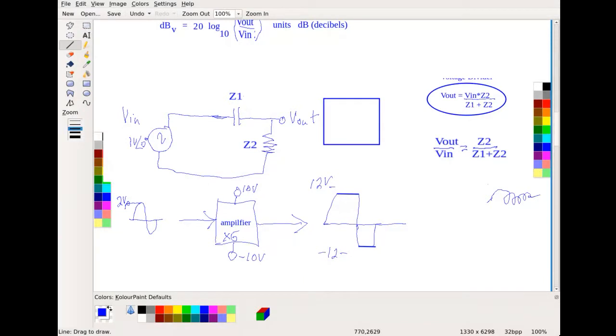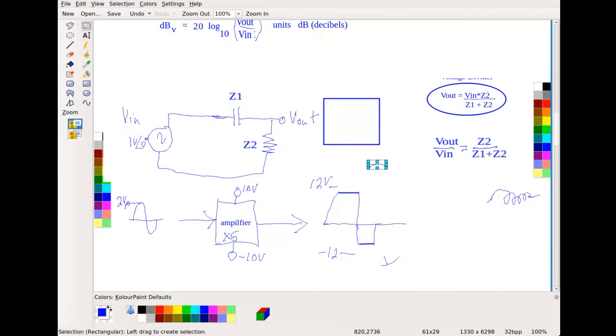I'm losing this whole top piece. Let me put the lines in here first. All right, so I'm losing these top pieces, and these things are gone. And so I get this squared off sort of sine wave, and that's what causes distortion.